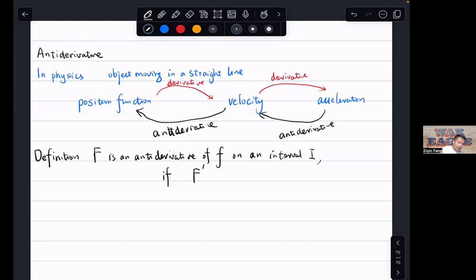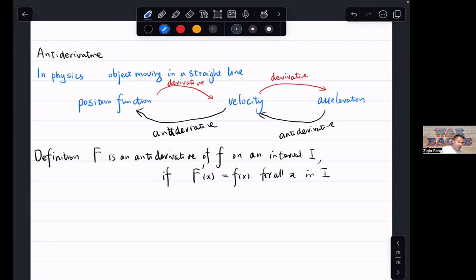If you take a derivative of this capital F, you get lowercase f for all x inside I. So if the derivative of capital F on the interval I is lowercase f, then capital F is called an antiderivative of f.